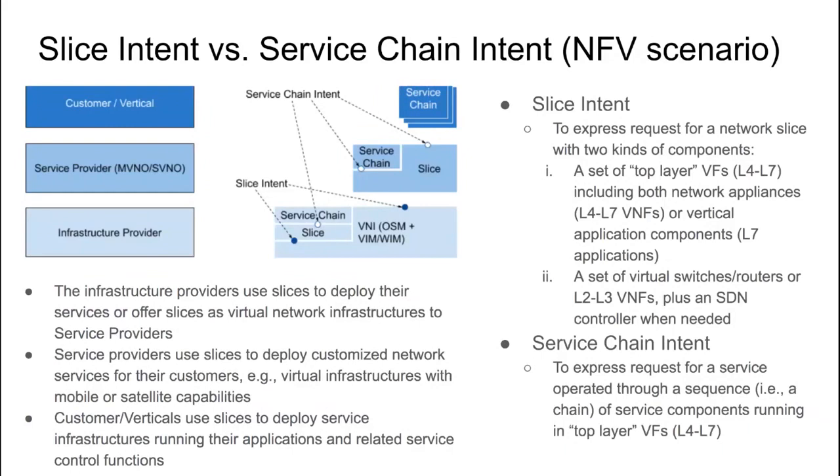All right. But you're right, because at some point maybe you want to use your slice only when needed, or maybe you need to request more slices because you need to accommodate more services, more traffic. In that case, I definitely agree that there should be the possibility to have an automated setup of the slice intent after you have a new service chain intent that cannot be satisfied with the slices that you already have.